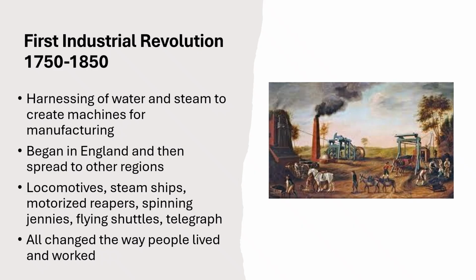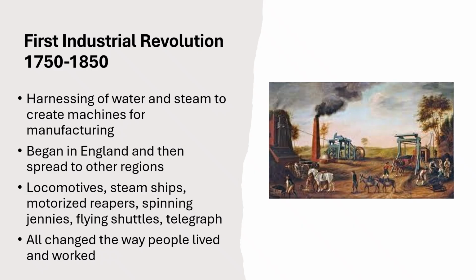And this is when people power is going to be replaced by machinery and in this case steam engines. And so it's the process by which human beings harness steam power in order to create machines for work purposes and also for manufacturing purposes.